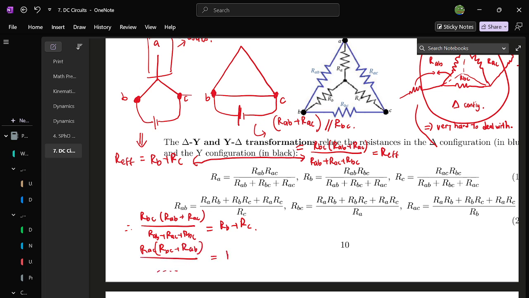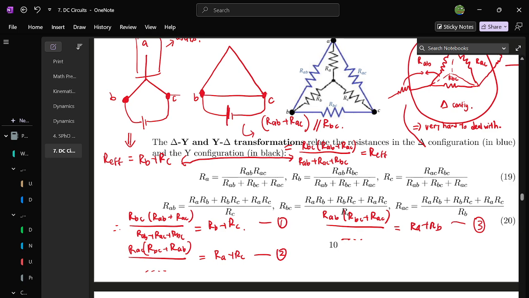Basically, you can just solve these three simultaneous equations. The easiest way to do that is just add them all together, and you can derive your transformation.